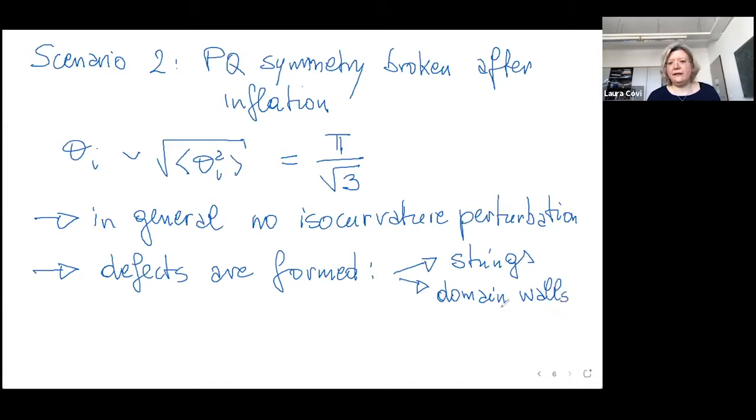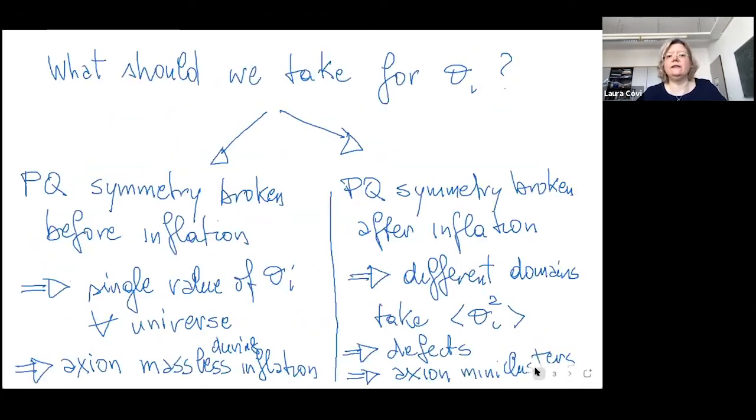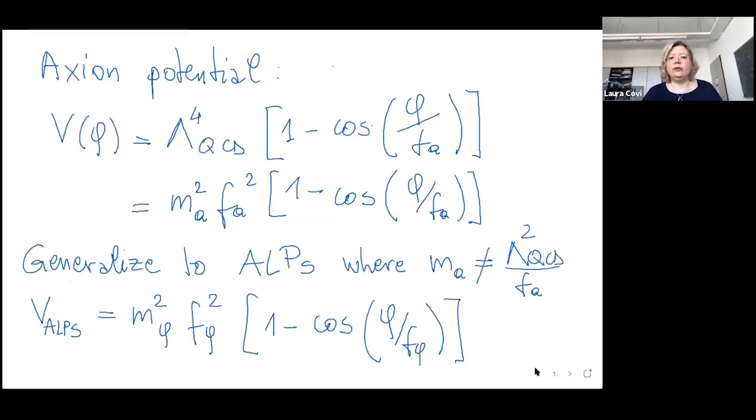If you remember yesterday, you generically had a contribution to the anomaly for every field which is charged under the Peccei-Quinn symmetry. So if you have more than one field charged under the Peccei-Quinn symmetry, you have a factor of n. So this factor of n actually shows up, sorry, I should have added here in the potential. So here in principle, you could have a factor of n depending on the number of fields charged under the Peccei-Quinn symmetry.